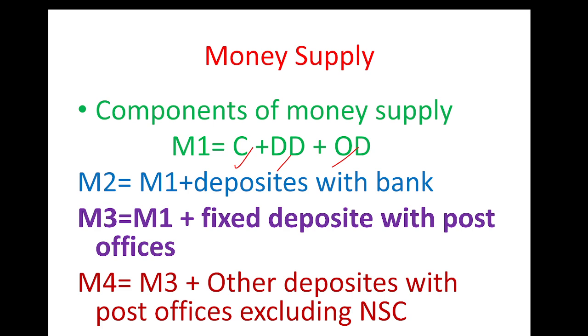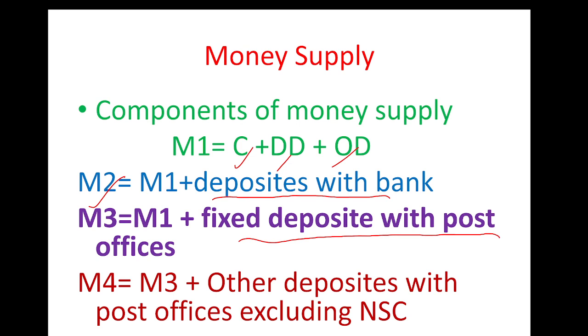Now the second point is M2. M2 includes M1, and you can see that term deposit with bank is added. M1 added with term deposit with bank will be called M2. That is the second component. And M3 is M1 plus fixed deposit with the post office.